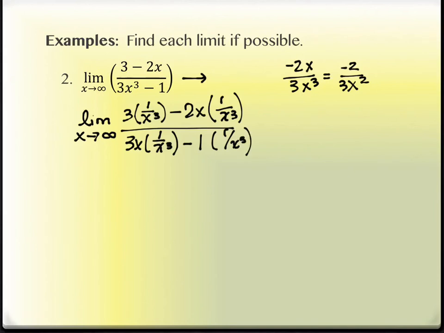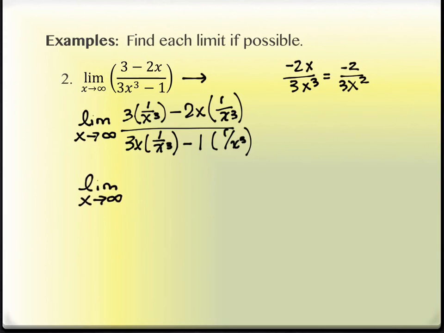Okay, that's the same function that I started with, because every piece has been multiplied. Essentially, I've multiplied the entire numerator by 1 over x cubed, the entire denominator by 1 over x cubed, and 1 over x cubed divided by 1 over x cubed is 1. So I've done the numerator and the denominator by the same value. Some of it simplifies, cleans up, some of it doesn't.